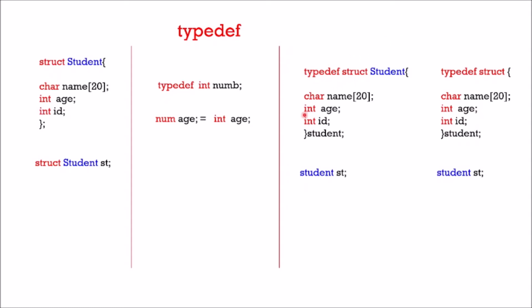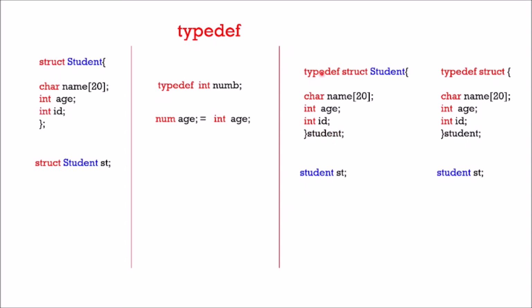So for instance, here we are going to do that precisely. We use typedef, then struct student, just like before, but now we are including a name at the end of this struct specification, and it will result in the replacement of struct student by this word student.